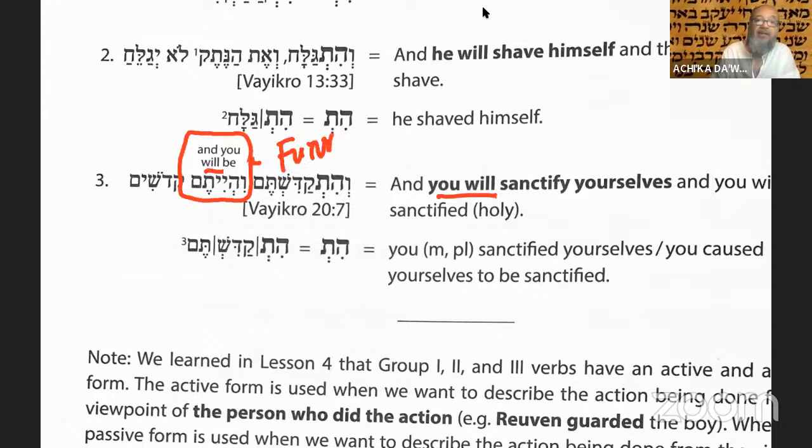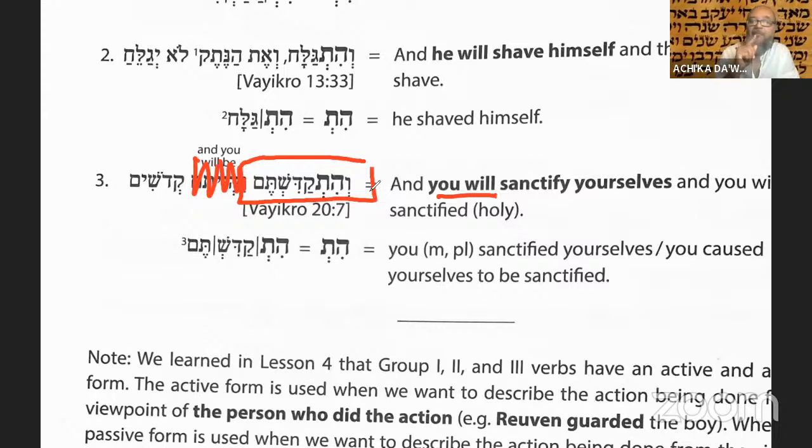But other than that, if I was to scratch this out of here and get rid of this one right here, it would be "you sanctified yourselves." Another thing too is this right here kind of tells you something.